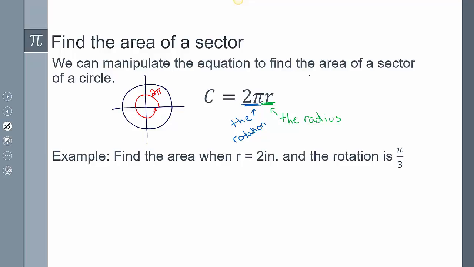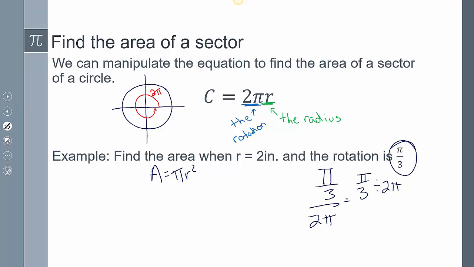So let's look at this one here. I know that my area equals pi r squared. And if I know that my circumference is 2 pi, and I only want a rotation of pi thirds, so pi thirds over 2 pi, which is the same as pi thirds divided by 2 pi. Now I have to flip that, so I get pi thirds times 1 over 2 pi.